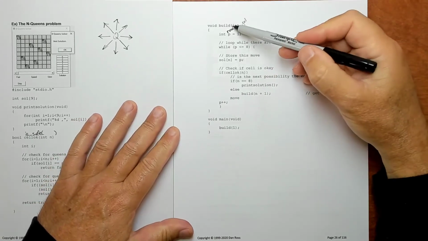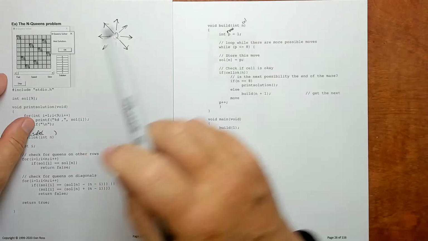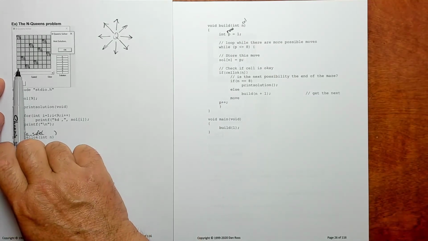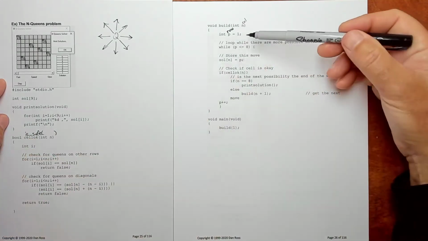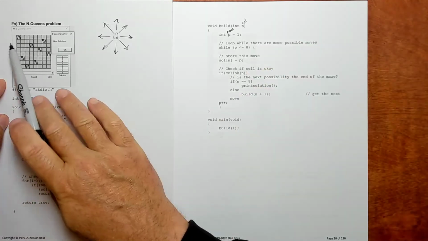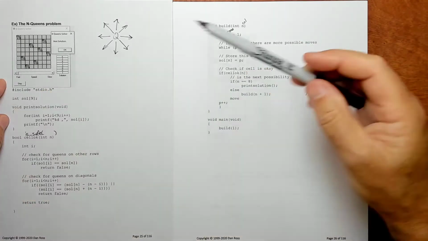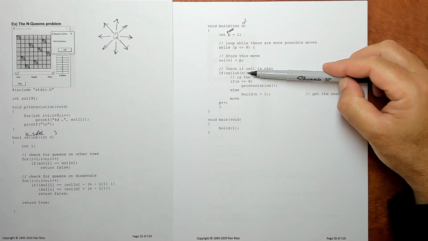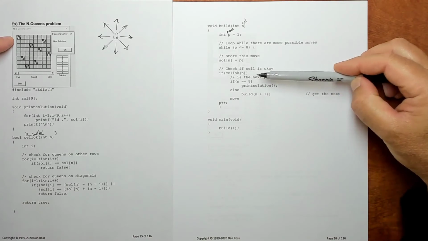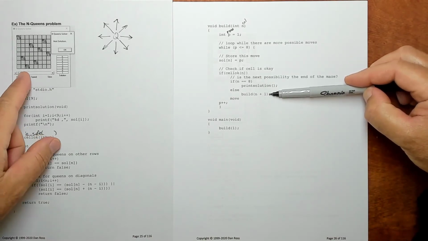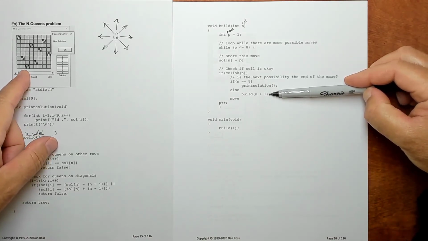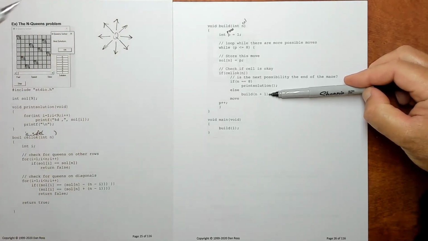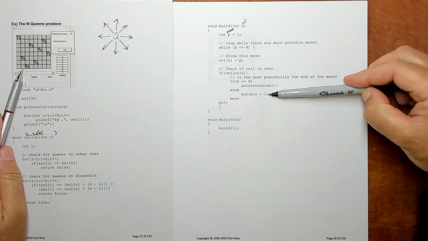Okay, so build is called for the first column. P is the row. It tries row 1. Queen is safe on row 1, so it calls for column 2.